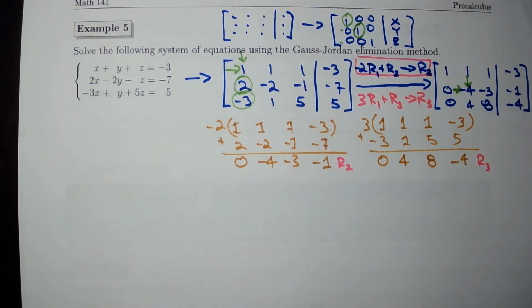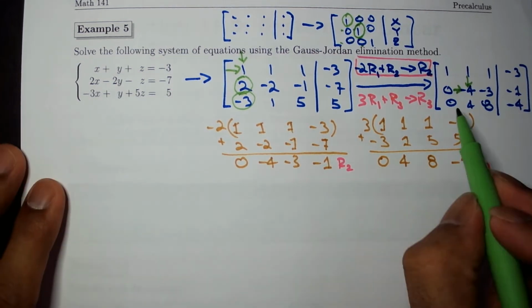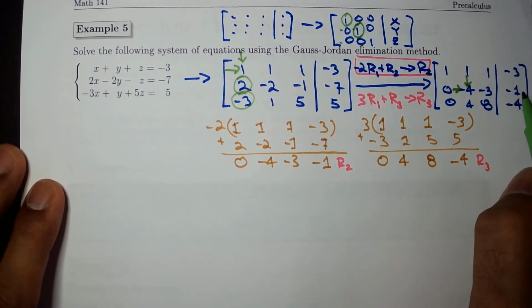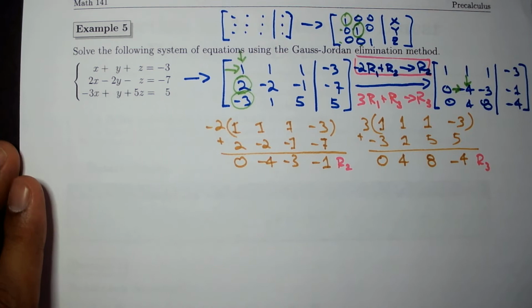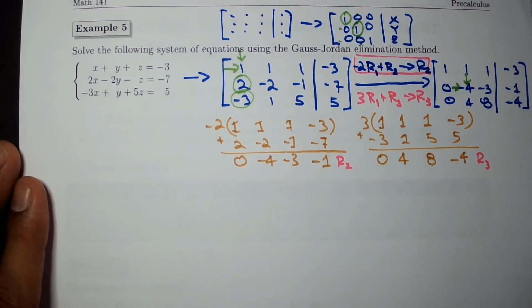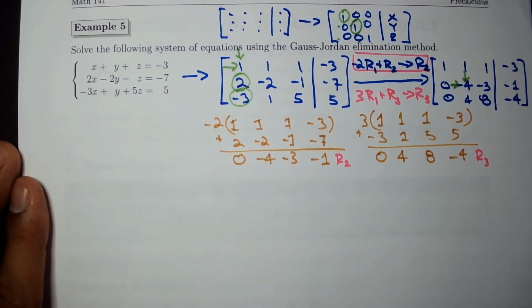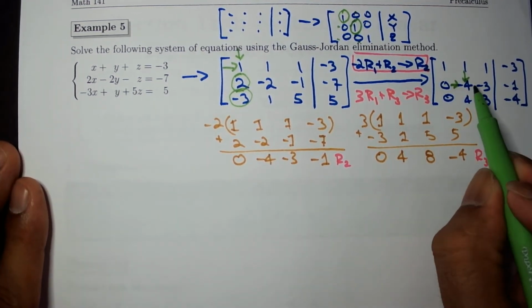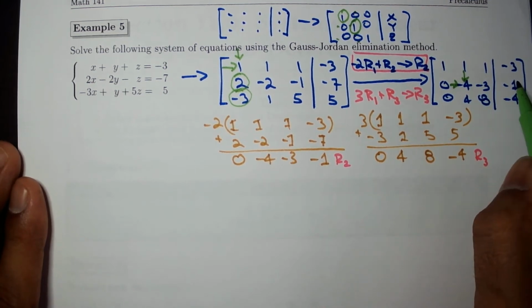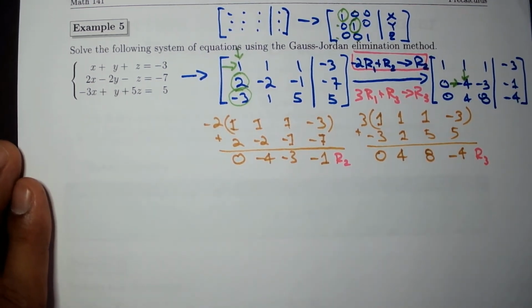So in this case, we have a couple of options. Number one, well, we could divide the entire second row. But do you see a problem with this? Well, the problem is that if I do that, we're going to have fractions, because we're going to have 3/4 and 1/4. So we may not want to do that.